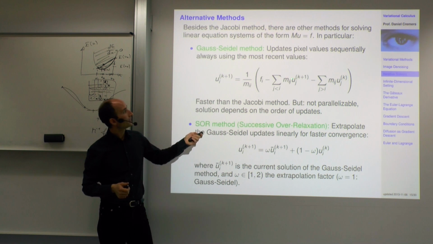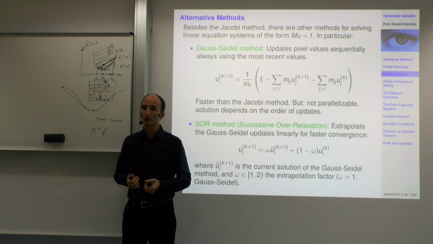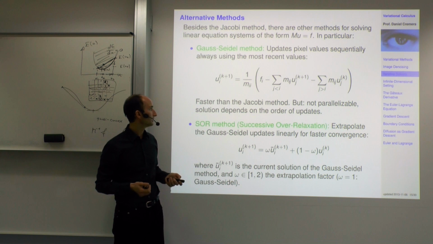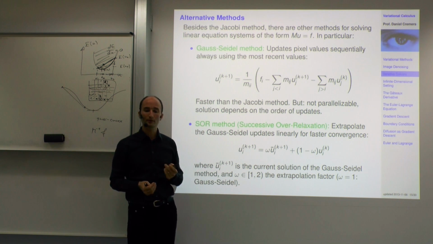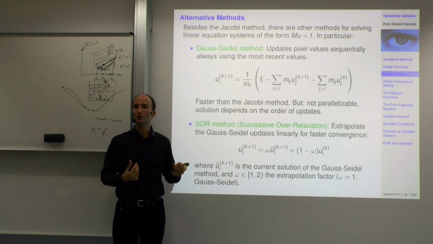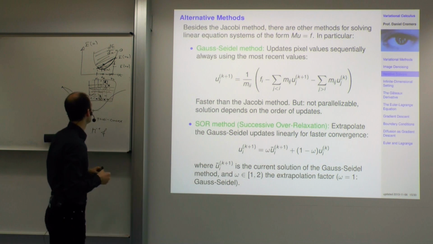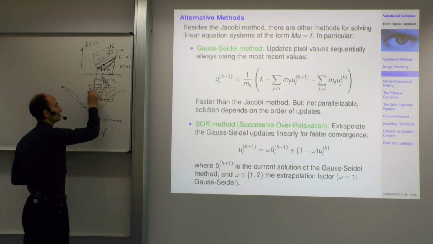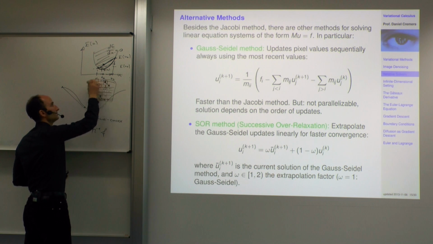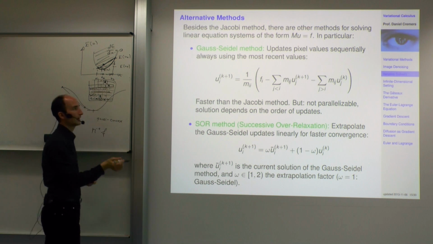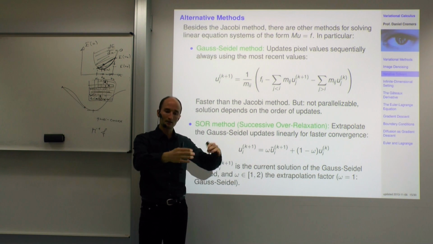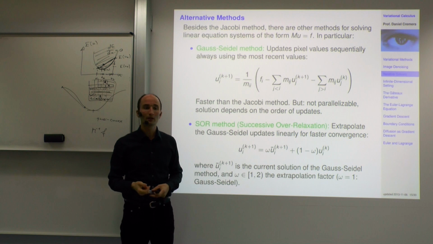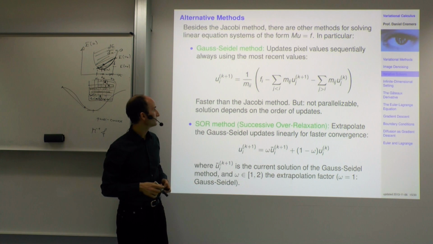Of course, depending on how you sweep the pixels, you will get slightly different solutions. I mean, it converges to the optimum, of course, but in each iteration you will get a different solution. So if I sweep them from below like this, I get a slightly different result for iteration k than if I sweep from above. But it doesn't really matter, upon convergence it all converges to the right solution.